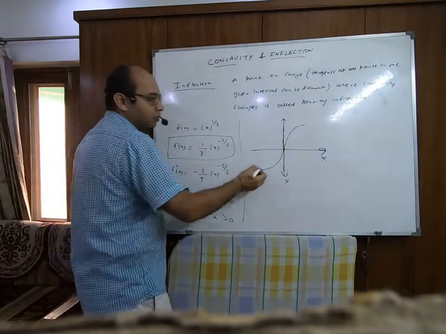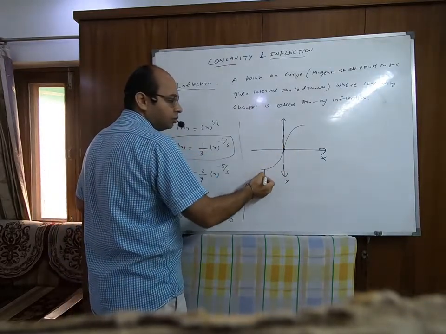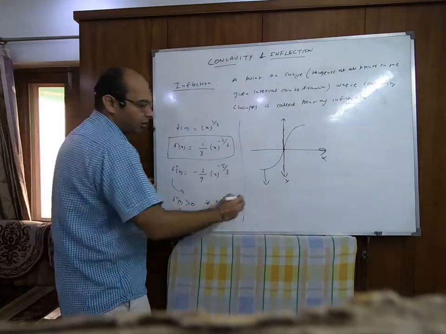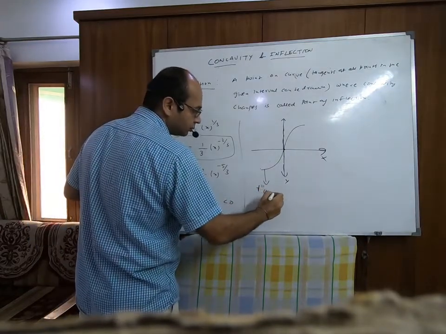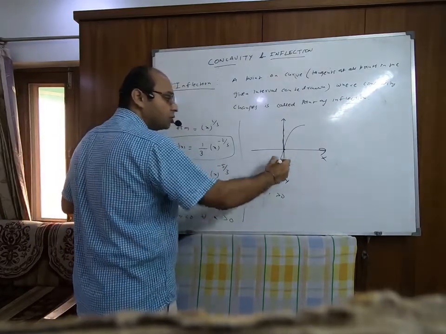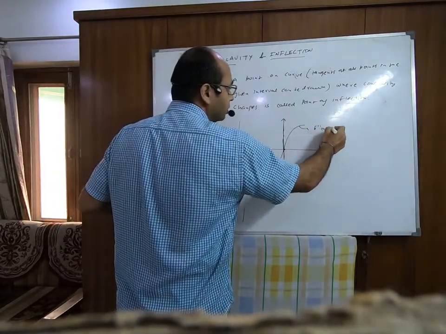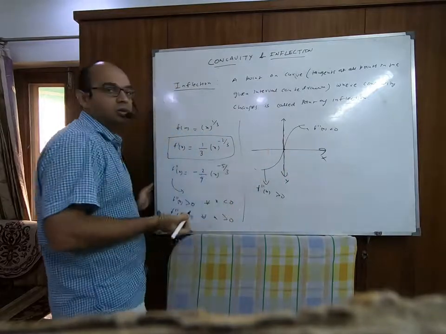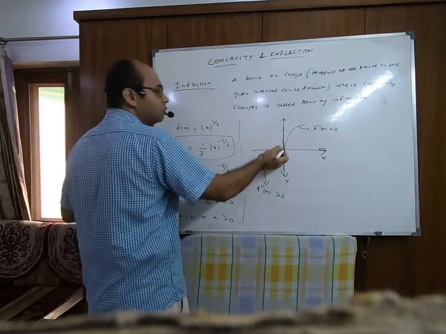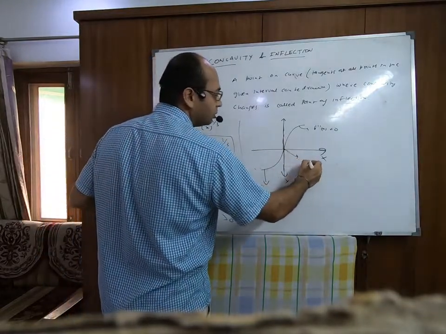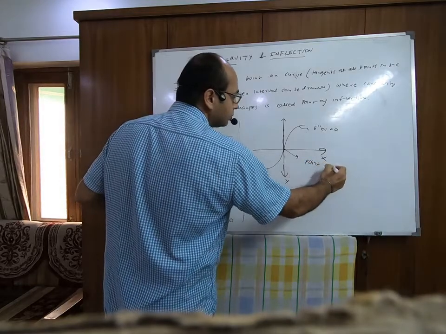In this portion, as I have seen, f double dash x is positive. You can also see it is concave up. Here f double dash x is negative. You can see concave down. This means at this point concavity is changing.